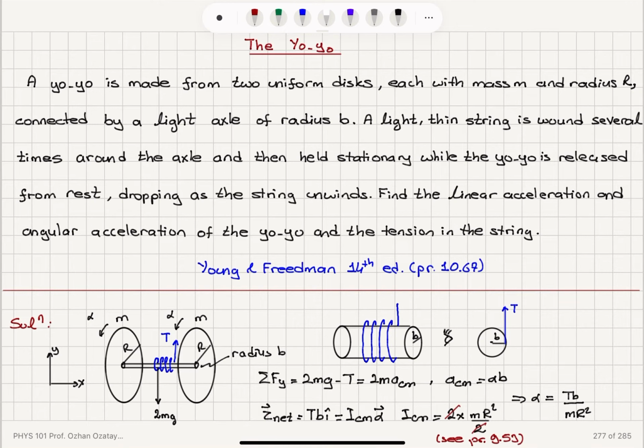The net torque acting on this system is due to the tension. The tension is basically tangential to this circle when you view it from the side. So b times T in i hat direction is the direction of the torque, which is I center of mass times alpha. So we can obtain alpha here as Tb over mR squared when we substitute for I, mR squared.